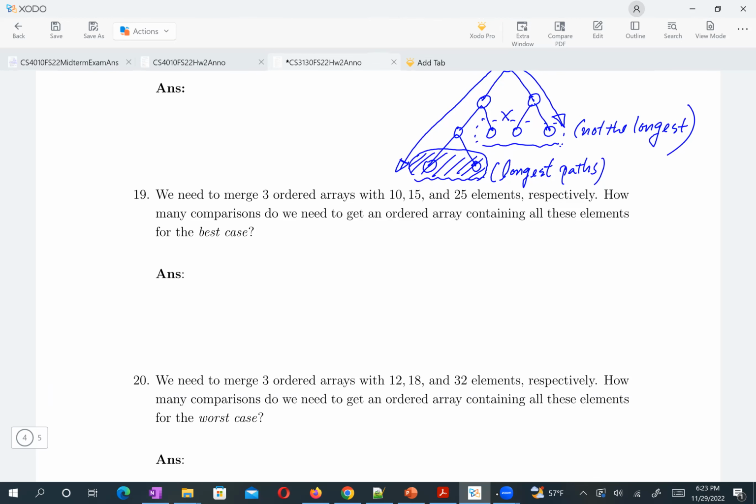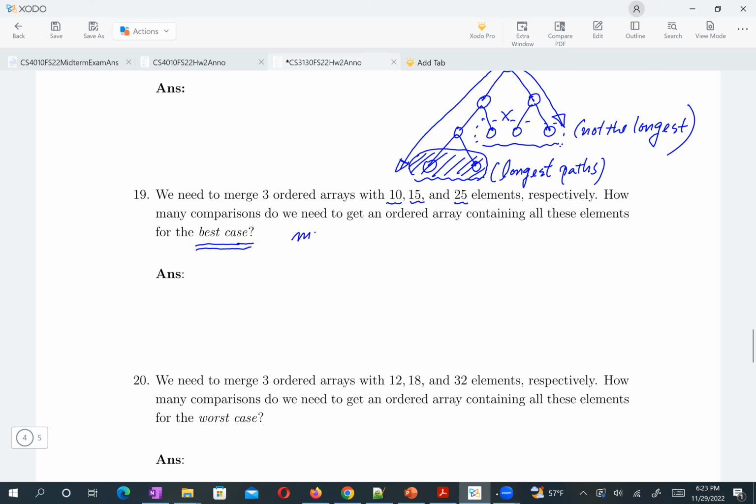Number 19, the merge question, but this time I ask you to merge 3 ordered arrays with these 3 sizes. How many comparisons do we need to get an ordered array containing all these elements for the best case?